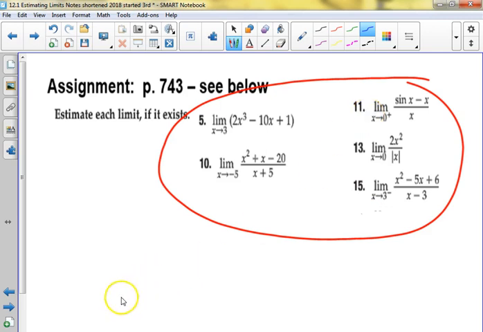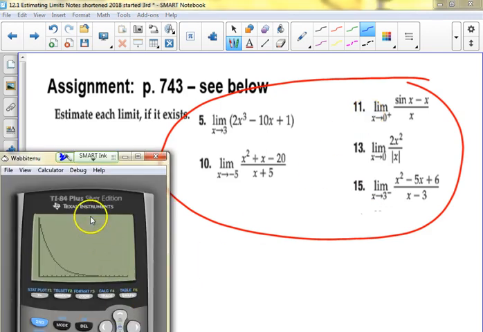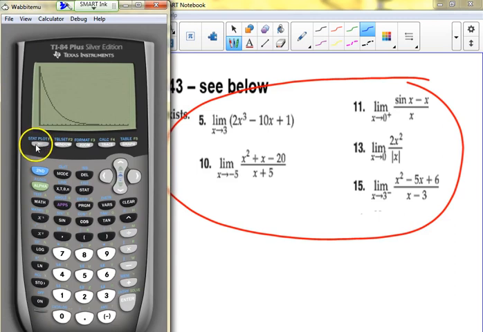Let's try 11 for fun because I don't know. You got your calculator in radians already, right? How would you put 11 in your calculator? I think we need like a bunch of parentheses. Like, I think we need a parenthesis at the beginning, then one around this X, and then one at the end, maybe?